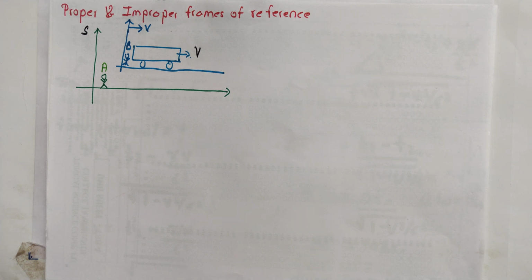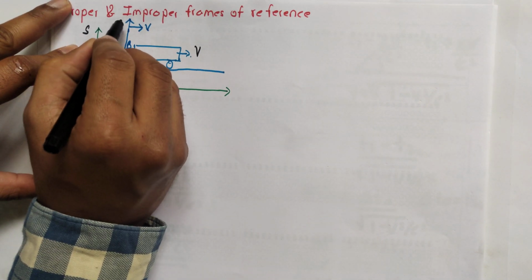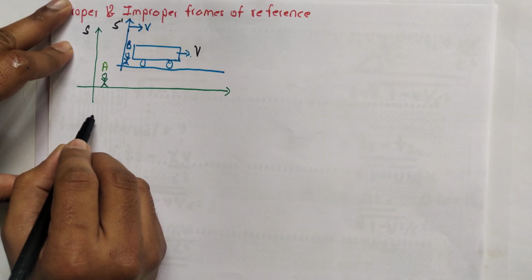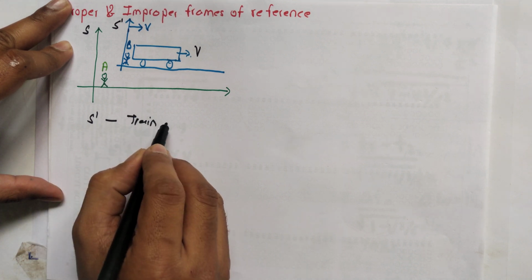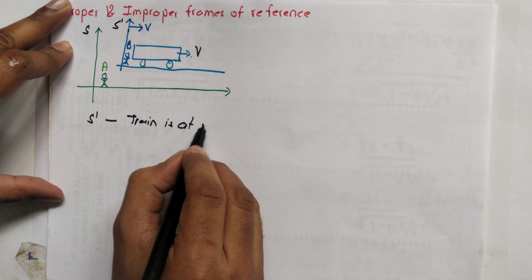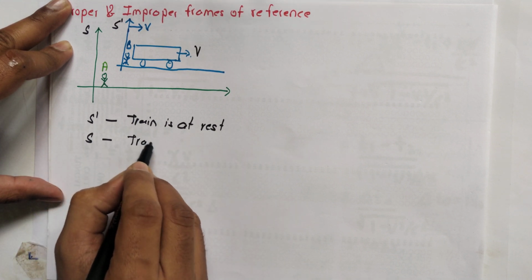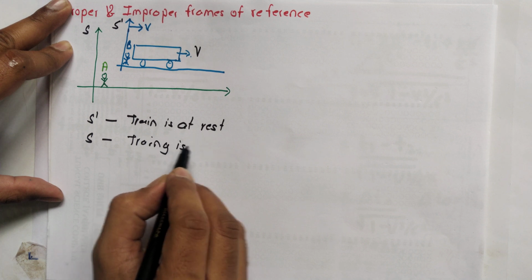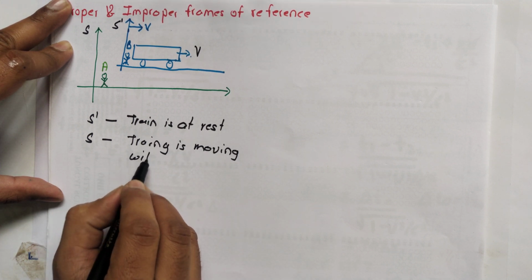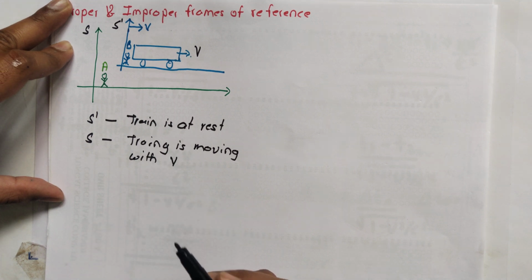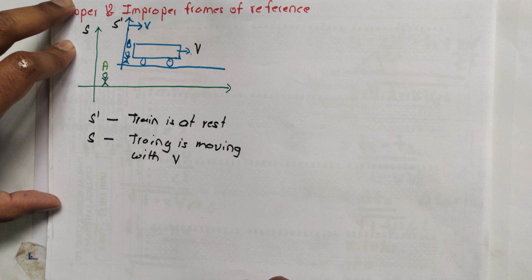Now try to understand in which frame of reference. Let us call this frame of reference S dash. In S dash frame of reference, the train is at rest, whereas in S frame of reference, the train is moving with velocity v, and that velocity is uniform, because we are talking about inertial frames of reference.